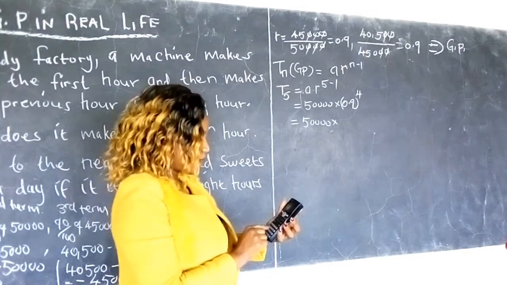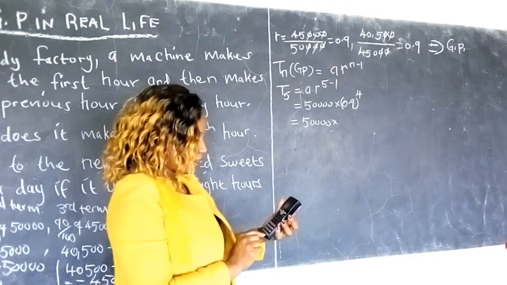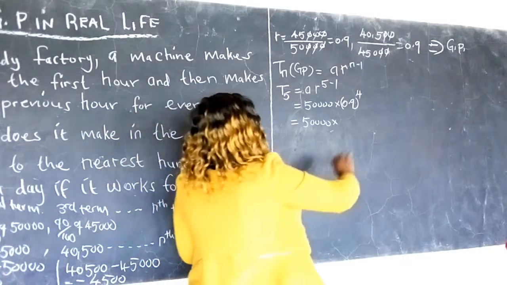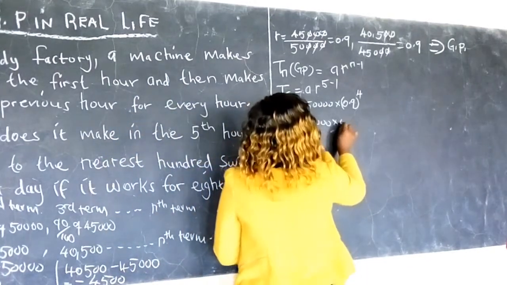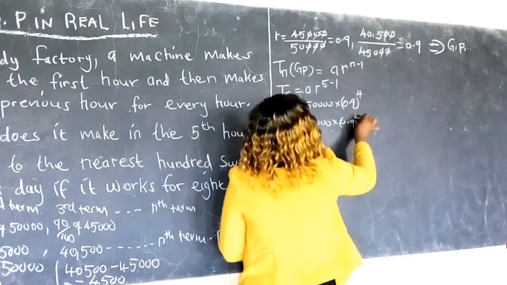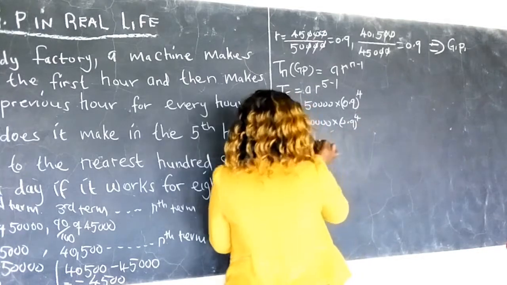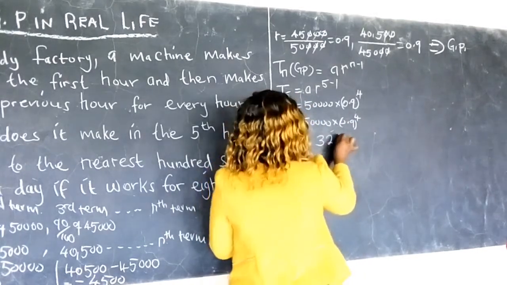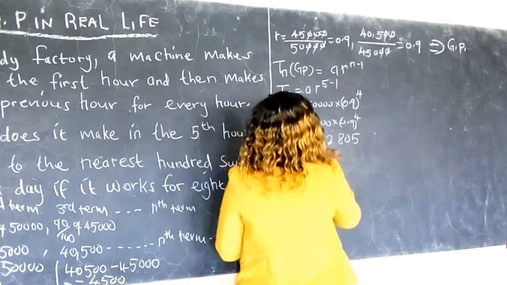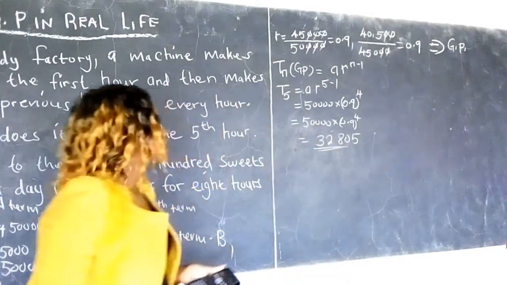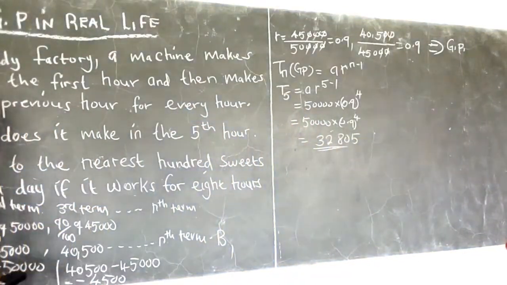Then we multiply by 50,000, and we shall have 32,805, and that is the number of sweets that will be made by the machine in the fifth hour.